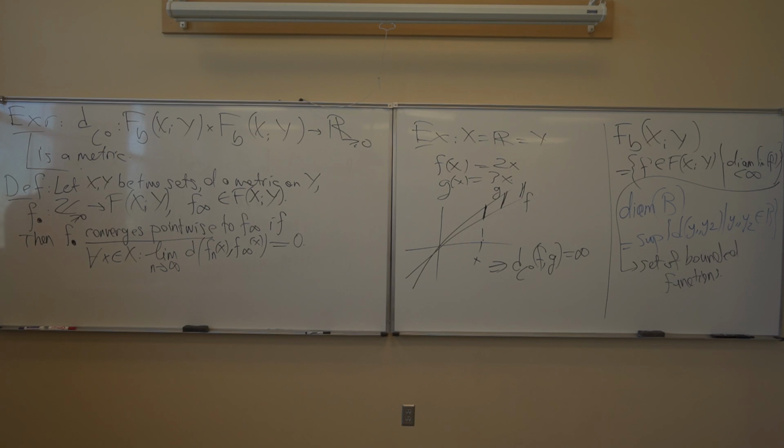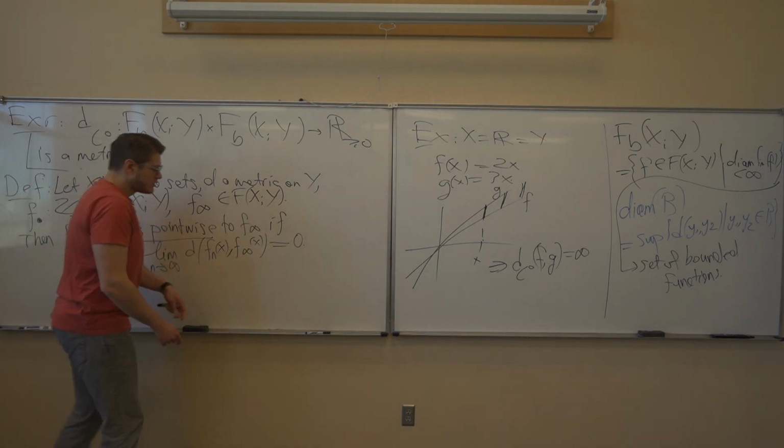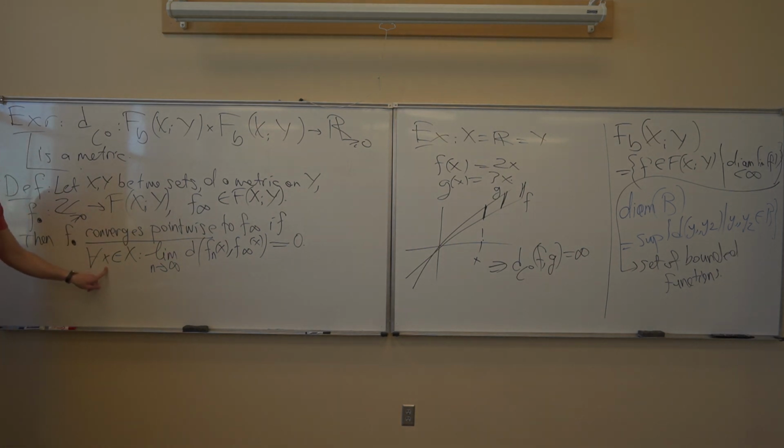Okay? So I have functions that have this time parameter, but also a space parameter if you want. I fix one space parameter and I let time go to infinity. And I want this distance to decay to 0, but I want it to happen for any x.